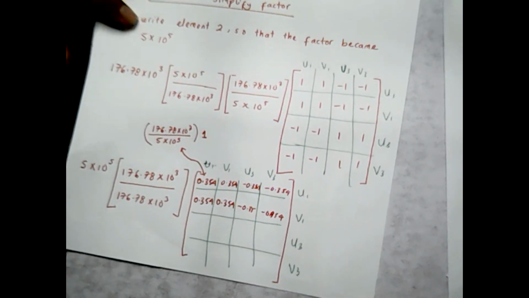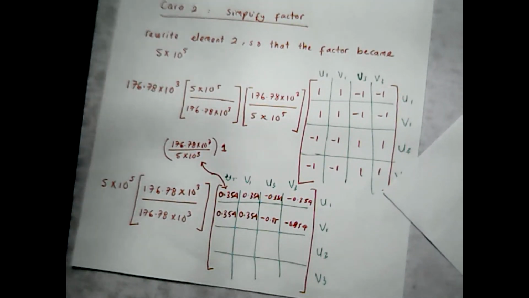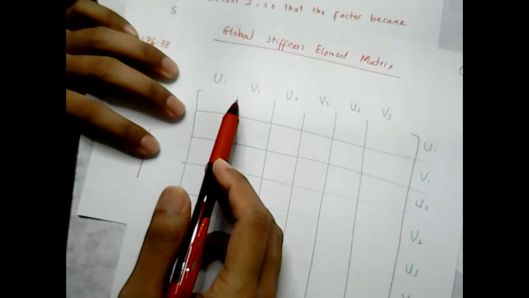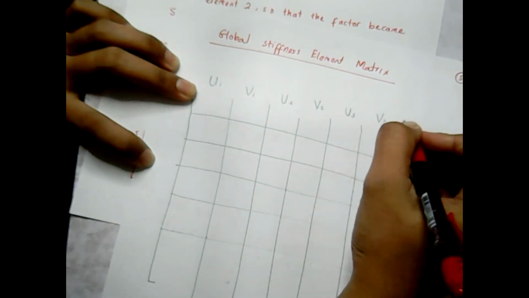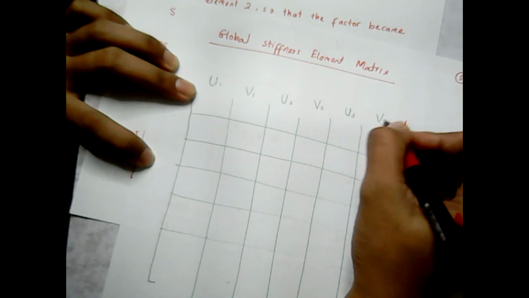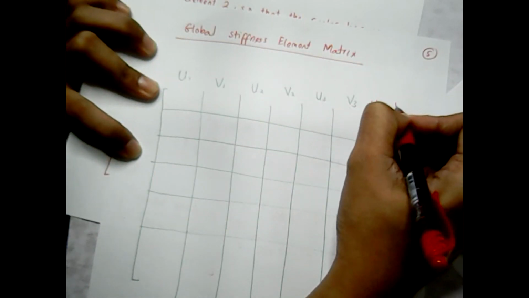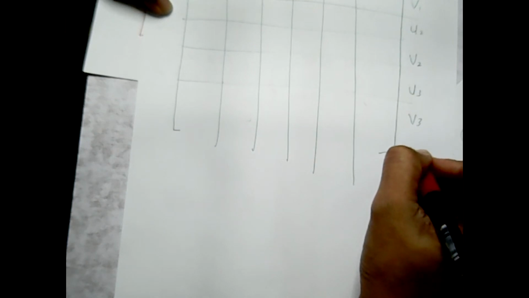The same way you can determine your element member stiffness. Now let's use the same factor. Now u1, u1. Actually you need to have another u3, v3, u4, v4. I mixed them up and added them here.